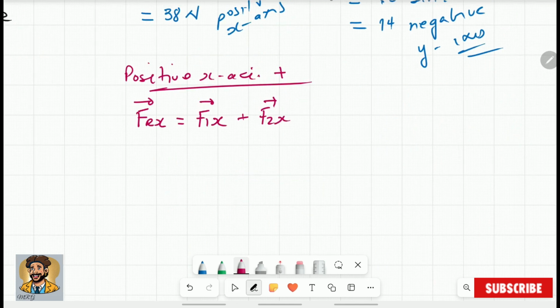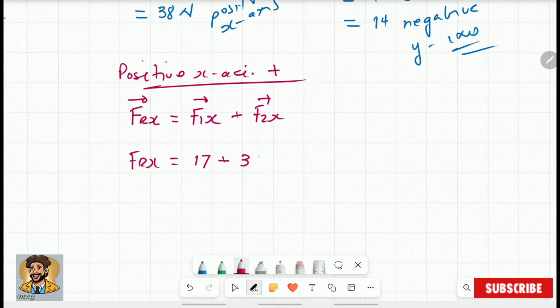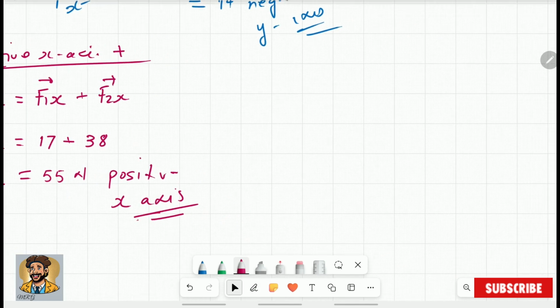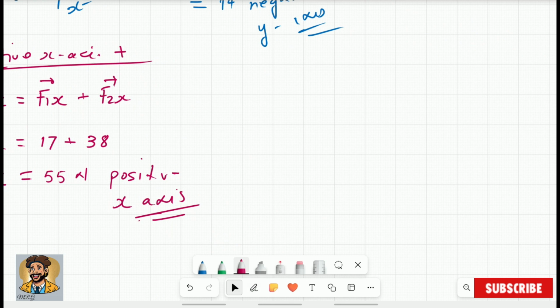So I'm coming here and I say Fr in x is equal to what we get. 55 Newton. What direction? Positive x-axis. This is also important. Let's do the same with the y-axis.